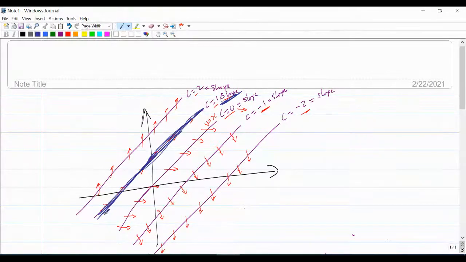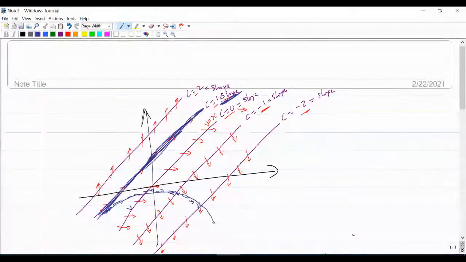The slope is close to 1, but as we go towards the isocline y is equal to x, the slope is going to be 0. So you have a change of slope until it's horizontal. And then from here, you have a change of slope until it's minus 1 there. And you have a change of slope as you continue until it's minus 2 there. So you can now tell that these solutions will behave like that.